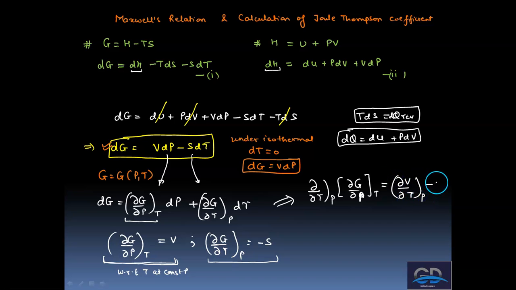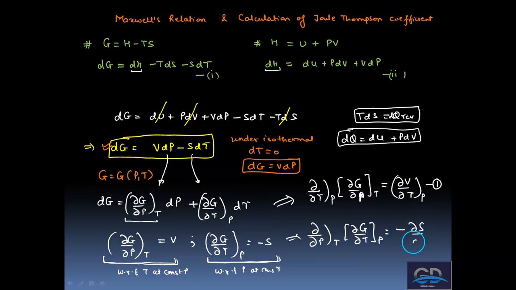Call this 1. And if I differentiate the second with respect to P at constant T, what do I get? I get del by del P at constant T of del G by del T at constant P, which should be equal to minus del S by del P at constant T. This is second.